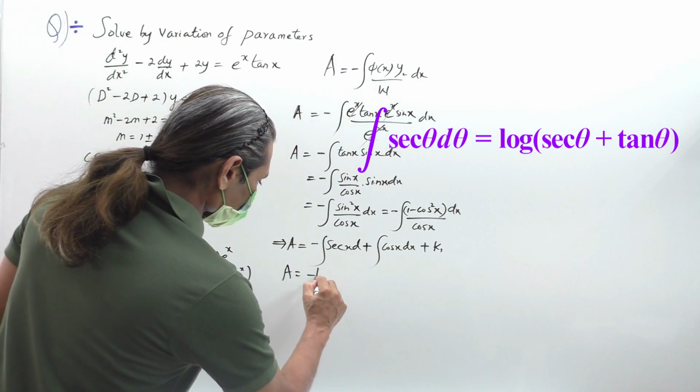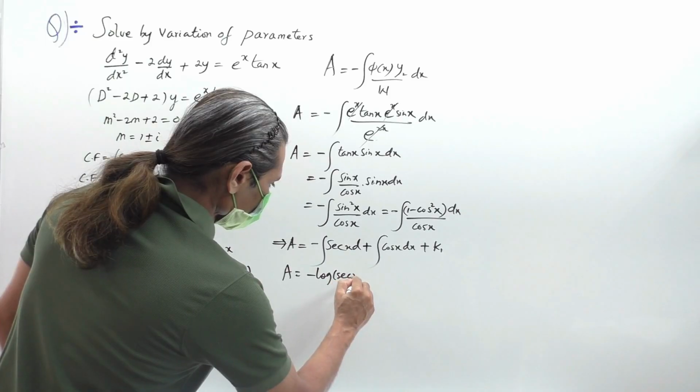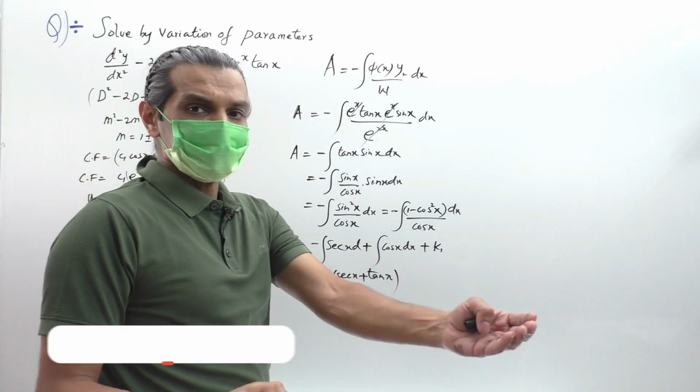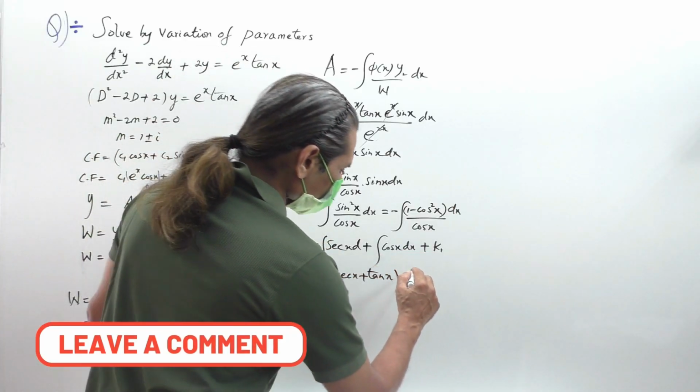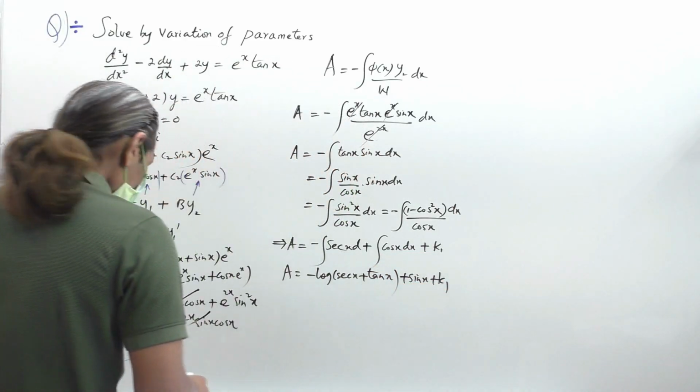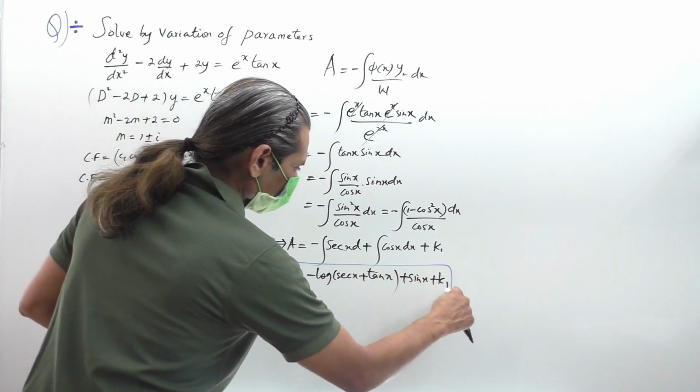So we have minus log of secant x plus tan x, and integration of cos x is, as you know, very simple, sin x, plus k1. So we have found A. Again, please underline it.